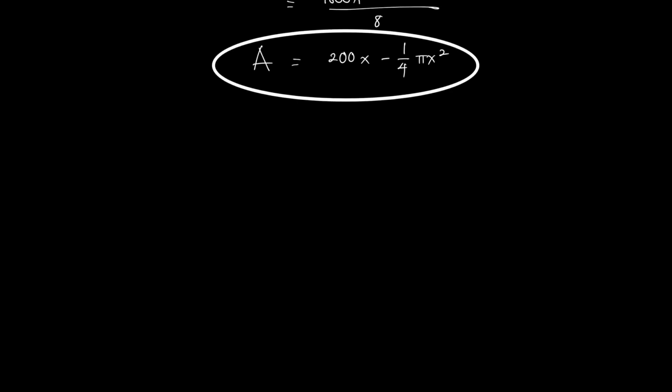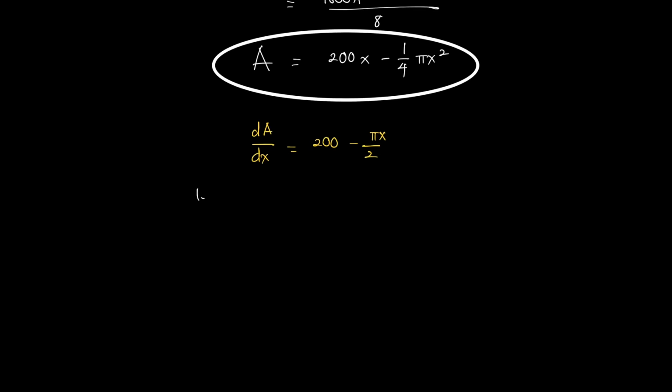The next thing to do is simply get the derivative of this area. So we get dA/dx equals 200 minus pi x over 2. That is the first derivative of this formula.